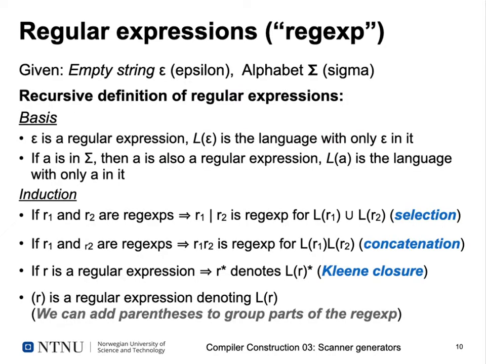Now, writing languages like this works pretty well and it helps for formal proofs, but if you want to use it in practice, there should be an easier way to describe languages, which is more useful for humans to be able to describe these.